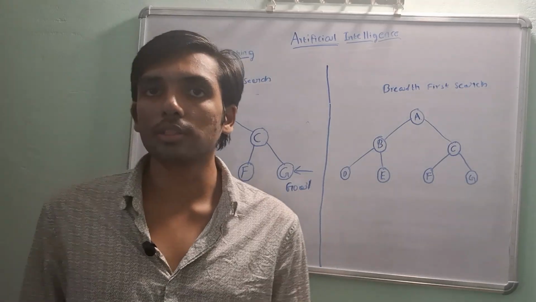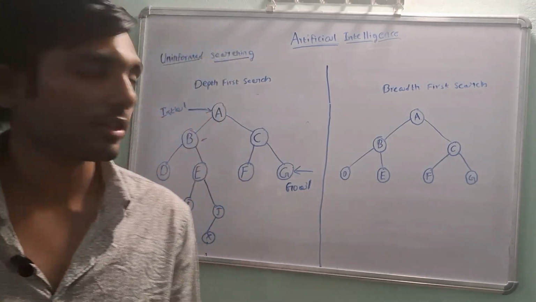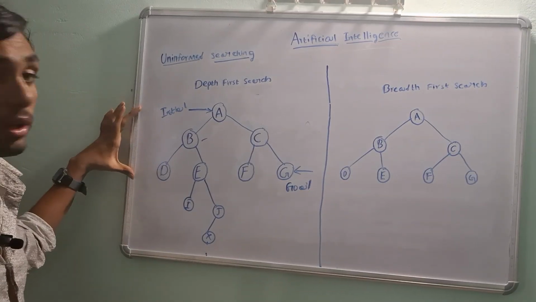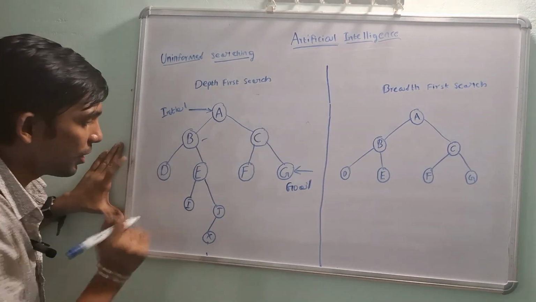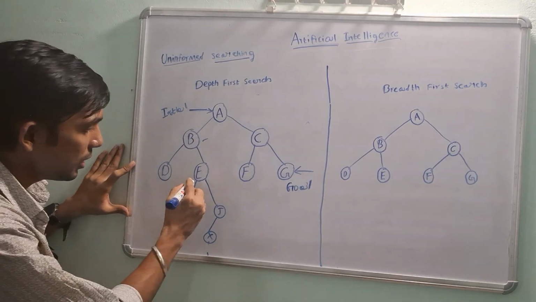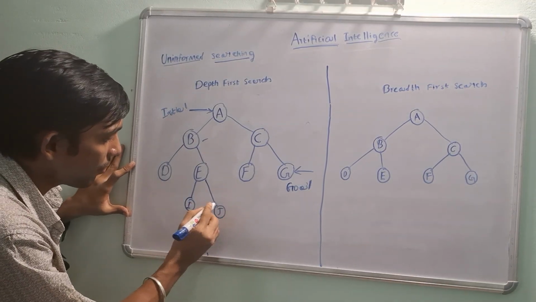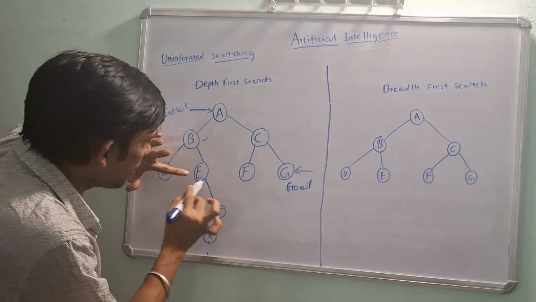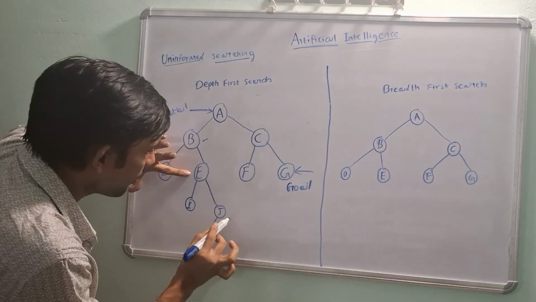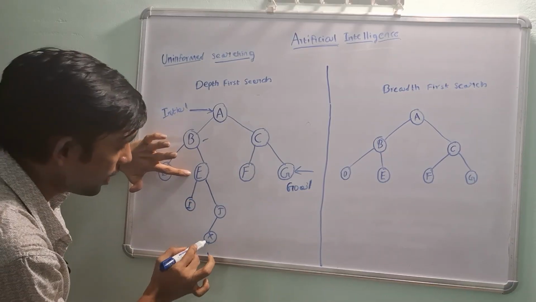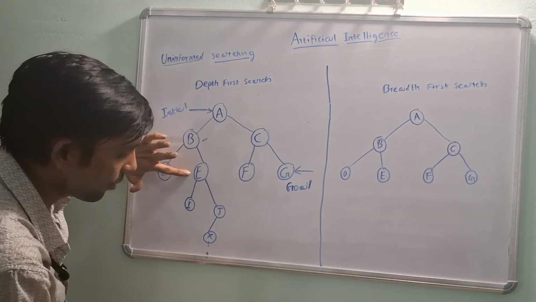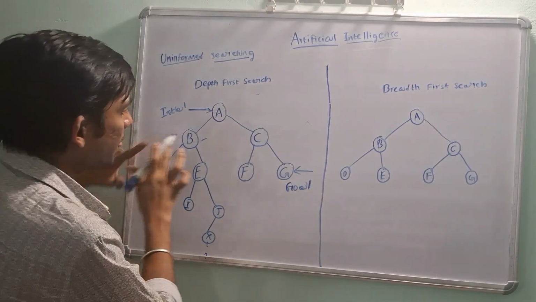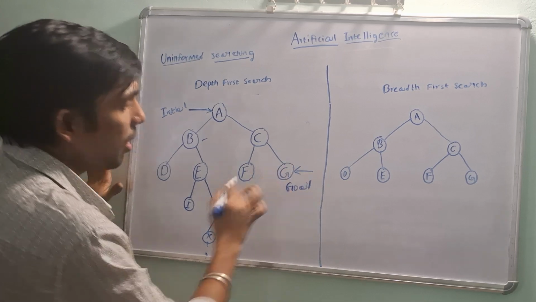Okay, guys, now let us see what the drawbacks of the depth first search algorithm are. I'll consider the previous example only, but with a small modification. Here you can see there are infinite nodes connected to the node E. After reaching the node E, we have infinite nodes connected to E. But the goal node exists after C, in this particular path.